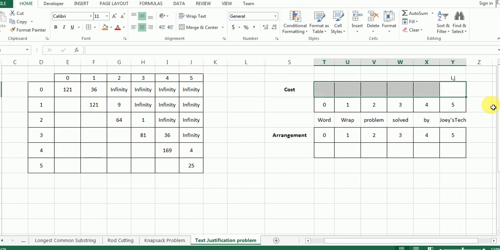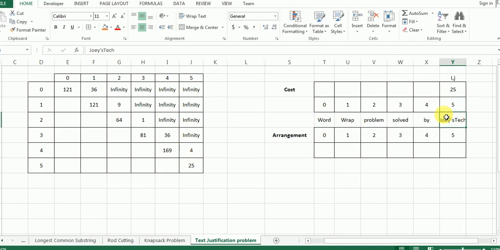So let's start solving. Let's start filling this cost array, in fact. So when I is 5 and J is 5, let's check the value over here. The value is 25. We are going to fill 25 as the value here. Now this is the minimum cost of a subproblem. The subproblem states that it only has the word joystick.